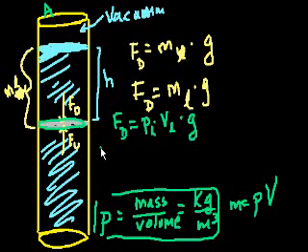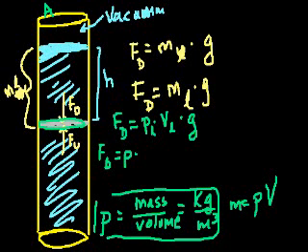So we could write that the downward force is equal to the density of the fluid. I'll stop writing the L or the F or whatever I was doing there. The density of this liquid times the volume of the liquid. And the volume of the liquid is just the height times the area of the liquid.